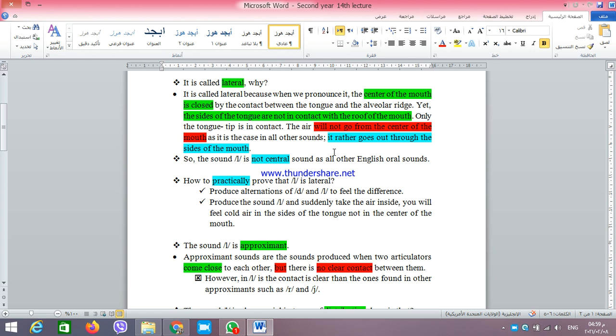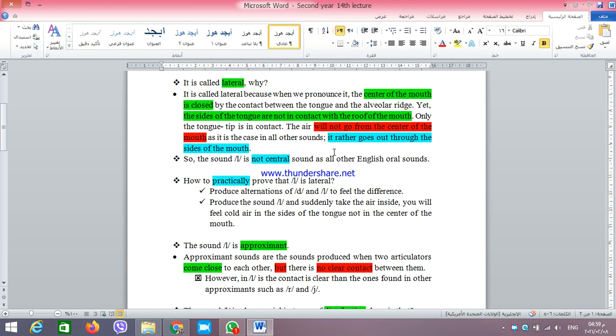Actually, in the pronunciation of the sound la, part of the tongue is raised to be in touch with the roof of the mouth, with the alveolar ridge and the area after the alveolar ridge.